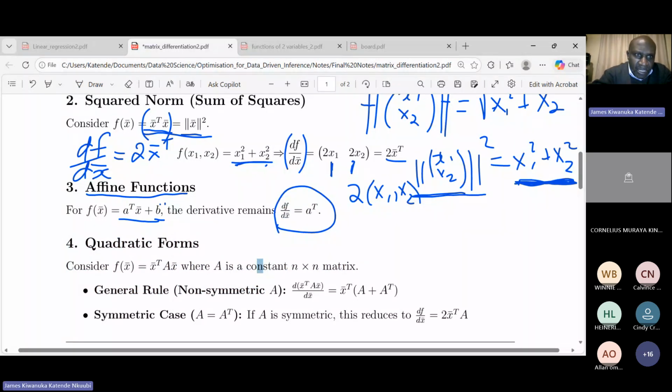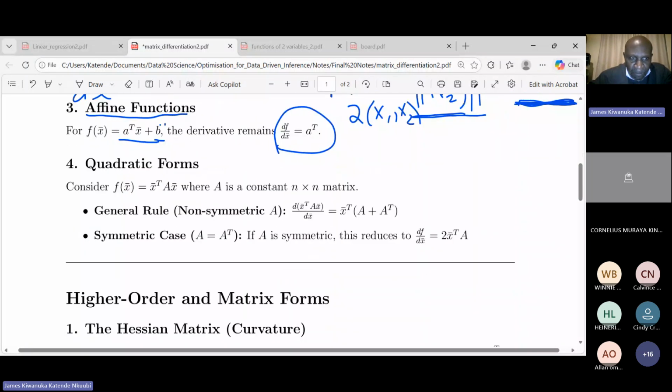So the other one that we'll look at now is this quadratic form. The quadratic form is simply in that form where you have the vector multiplied by a square matrix, and then multiplied by the vector on the right.